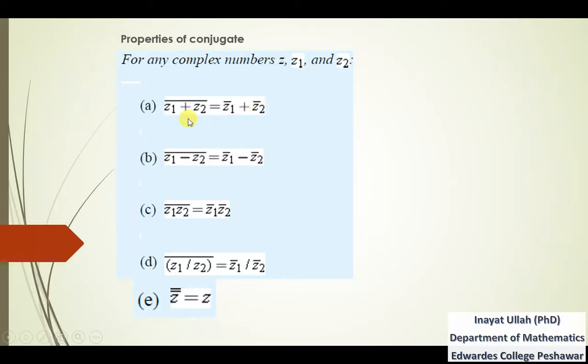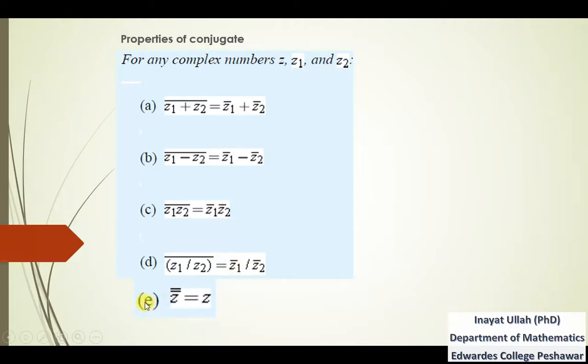Similarly, this result holds whenever negative sign is there, and this result holds whenever multiplication is there, and the same result holds whenever division is there. What does it mean? Whole conjugate is equal to separate conjugates. All these four results mean that.